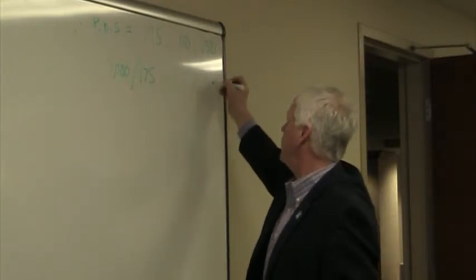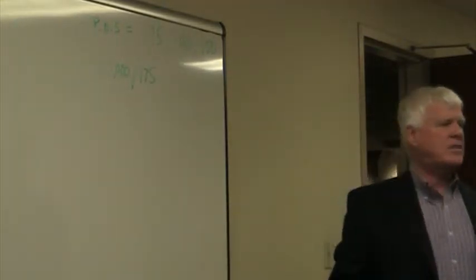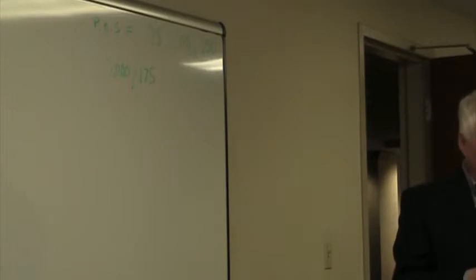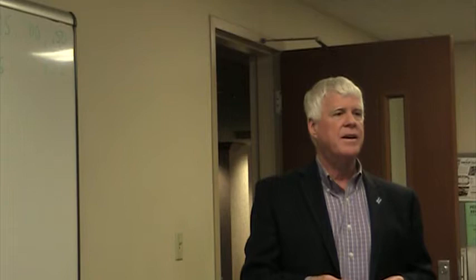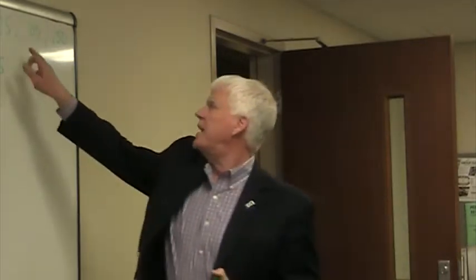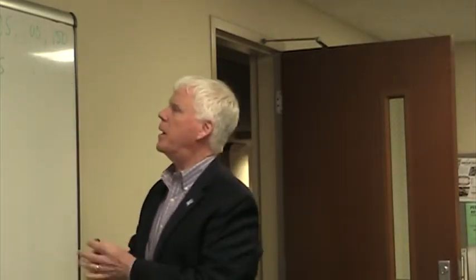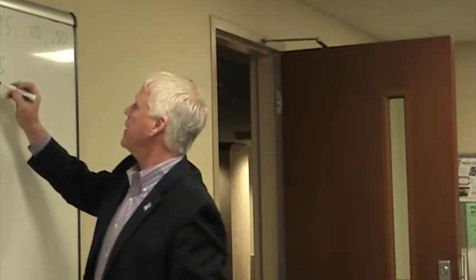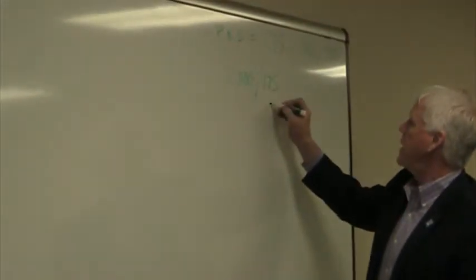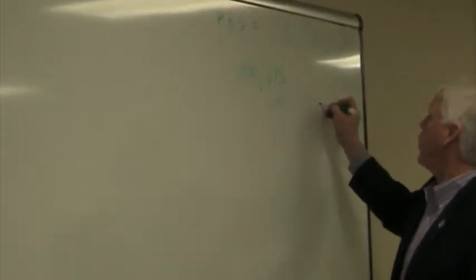What if I wanted to make the service better? What would I do? 200? Well, 200 means I have fewer points of sale. If I did 10,000 divided by 200, it would equal only 50 points of sale. So you would lower it.